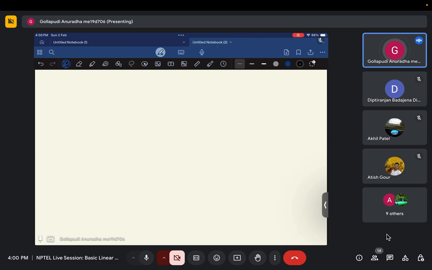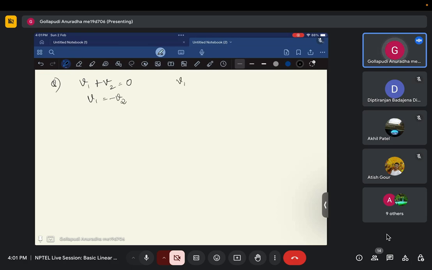So I'll give some examples. Does the given set of vectors form a vector space? If yes, then determine its dimension and also tell me the basis.